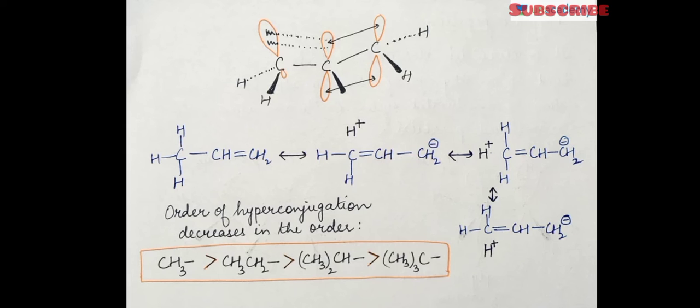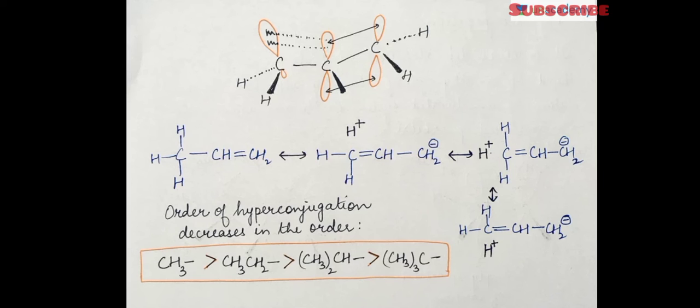Hence, this bond moves between these carbon atoms and the double bond moves forward, creating a negative charge here. Again we have a proton, and since we have three sigma bonds on the carbon atom next to the double bond, three cases of hyperconjugation are possible. So all these three structures would be the hyperconjugative structures.